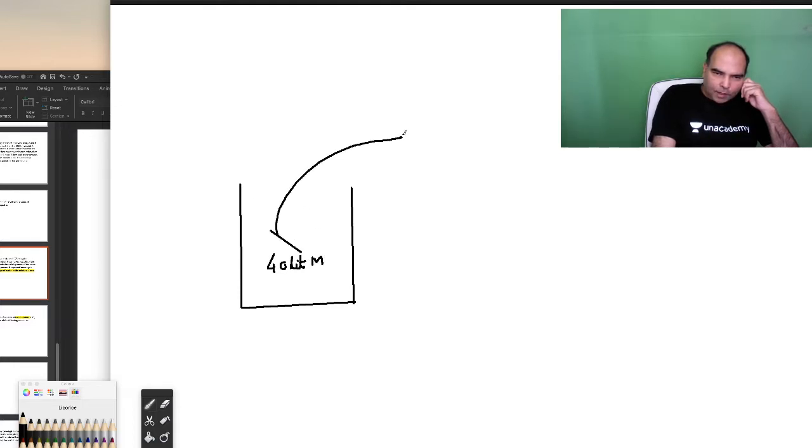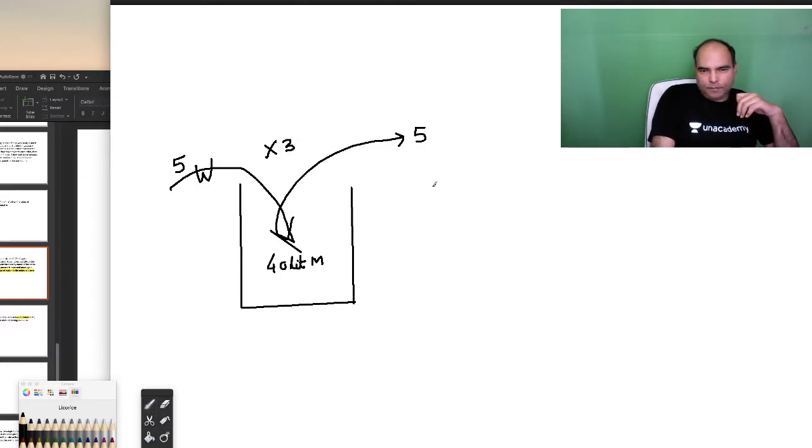And you're taking out milk, and you're putting back water, you're taking 5 liters of milk out, and you're putting back 5 liters of water, and you do this 3 times. If you want to find the milk left after doing this 3 times, you can simply use this.